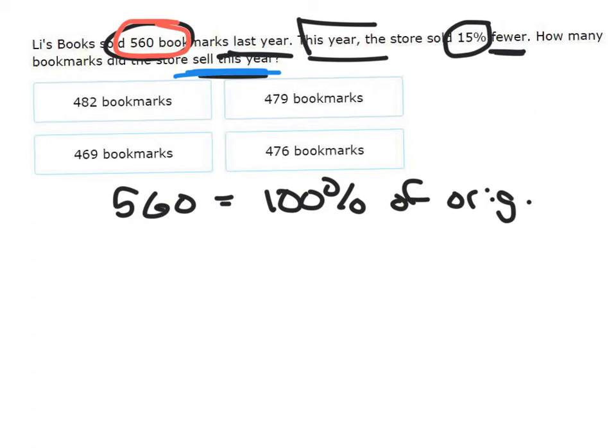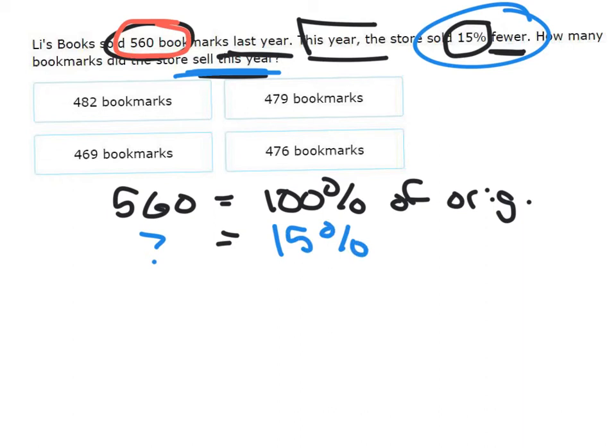We're saying that this year we sold 15% fewer of those bookmarks. So I don't know what this value is. What I do know is that it's 15% fewer.